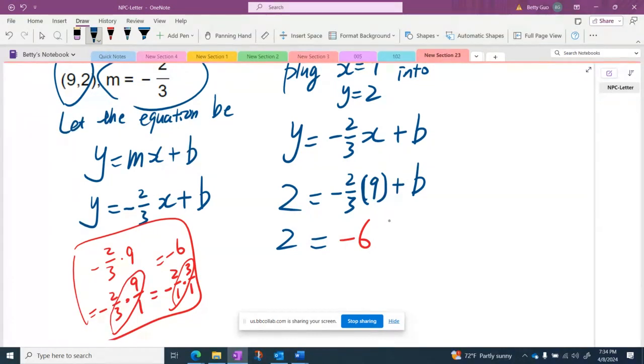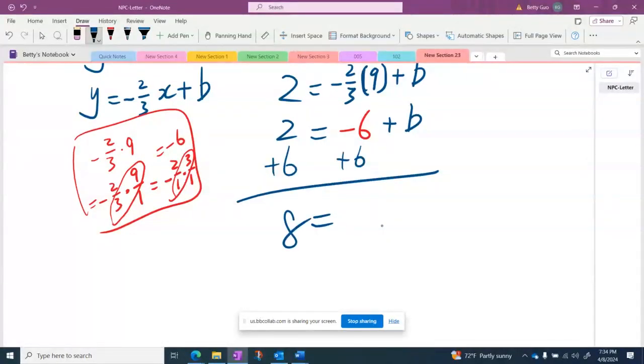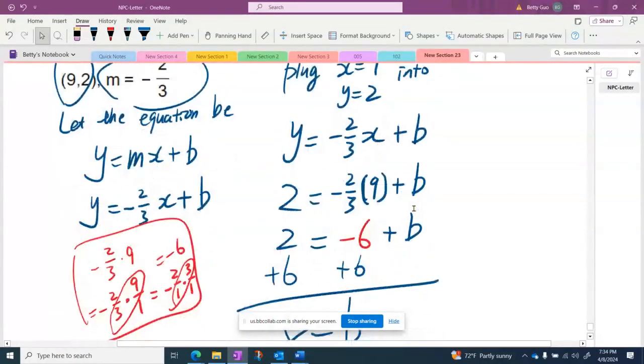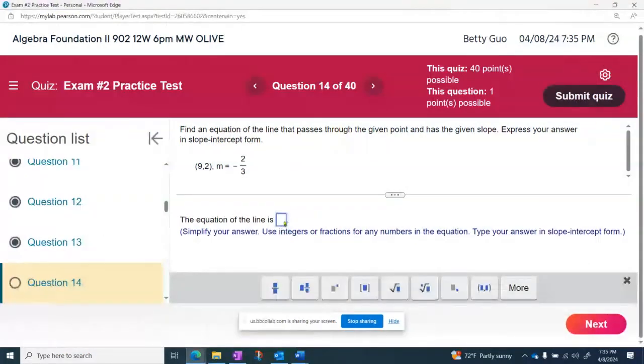So this is negative 6, and then plus b, and then you add 6 to each side to isolate the b on the right side. You have b equals 8. So your answer is going to be y equals negative 2/3 x plus 8. Let me type in. y equals, don't forget you have a y equals.